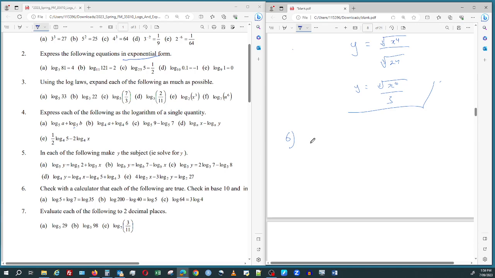Okay, so log 5 plus log 7 equals log 35.